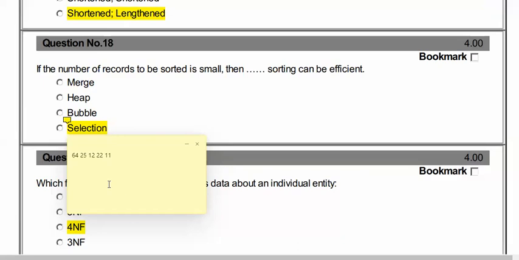Then 12 is checked with 22, no swap because 12 is smaller, and is checked with 11. So it is lesser, it again swaps. After the first iteration, the smallest element in the array will be the first element in the array. After that, select the next position and do the iteration again.